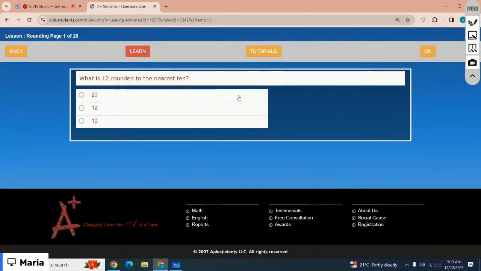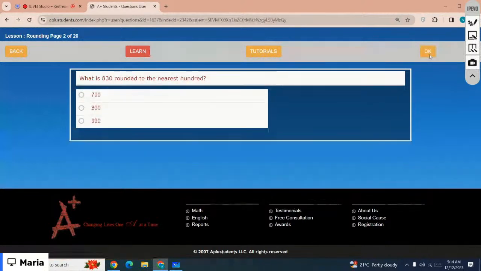Very good. The correct option is 10. 20? No, not 20. 12 is rounded off to 10. Basically, you need to see 12 is near to which 10, right? So 12 is just 2 points away from 10. So simply it is rounded off to 10, right?